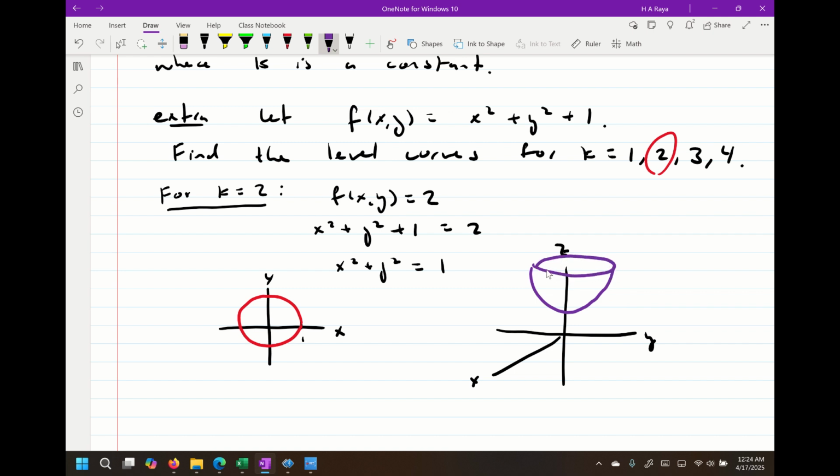This purple graph is a graph of x squared plus y squared plus 1. And we're taking that purple graph and setting it equal to 2. For that 2, you could think of this as the graph of z equals 2. This will be a plane where the z values are always 2. In 3 dimensions, this will look like the plane that looks like this.